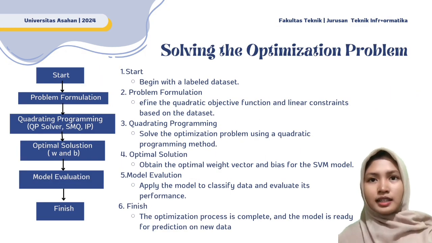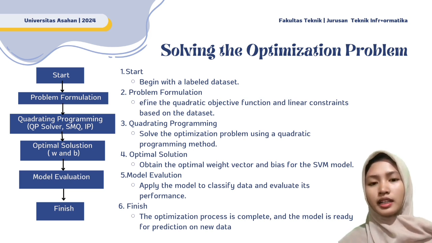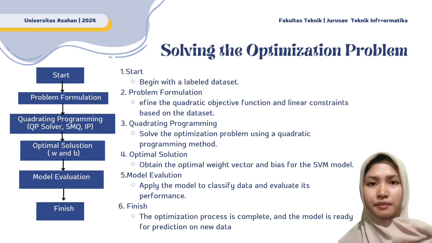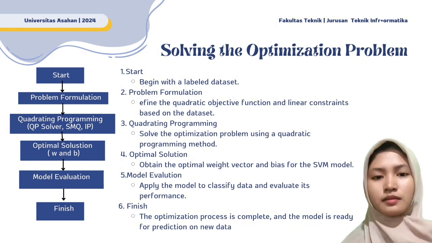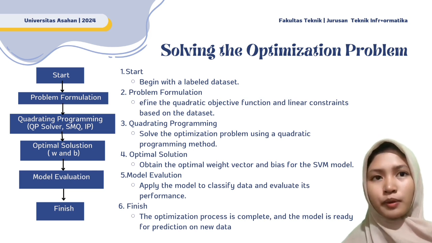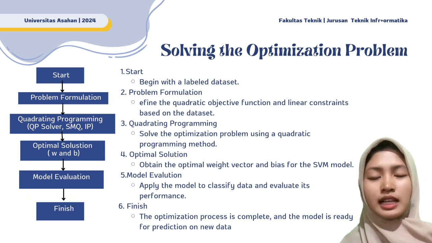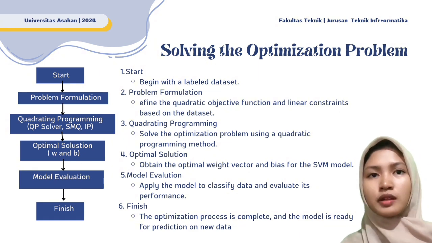The next is solving the optimization problem. Here there is a flowchart of the optimization process. First, start. The first step is to initiate the process with a labeled dataset. 2. Problem formulation.